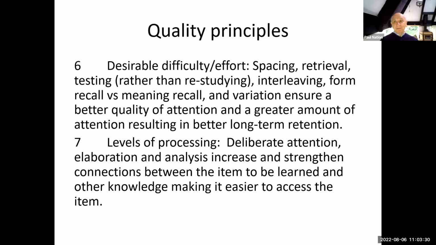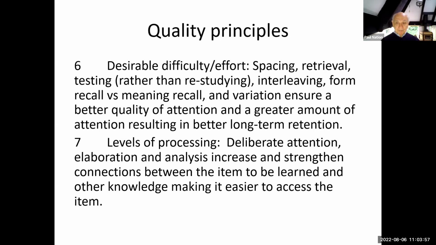If it's a different member of the same word family that you're meeting, that is, you're meeting the word elaborate, and you've already met the word elaboration, then elaborate is a kind of meeting of the same word again, but it's in a slightly different form. And so desirable difficulty and effort really then adds some quality to that processing.